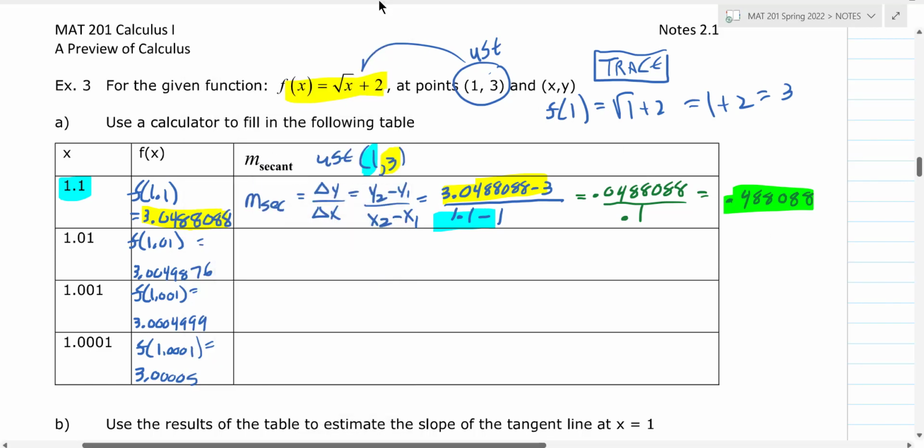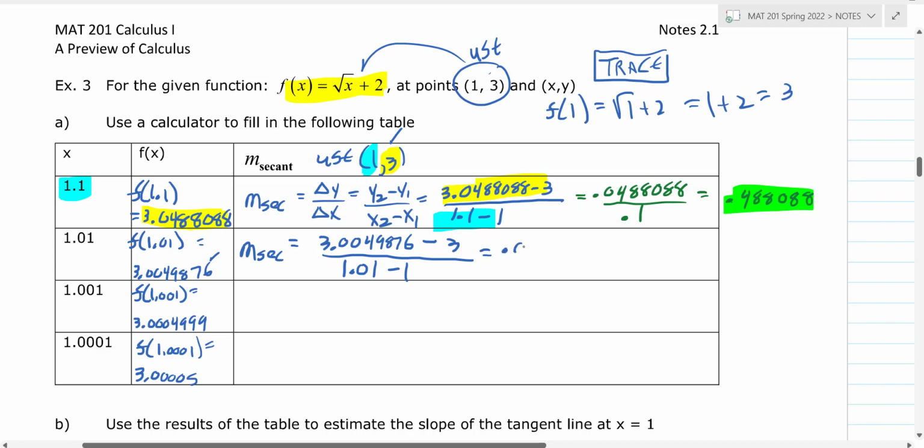And then what we're going to do is we're just going to repeat this. Okay, same thing over and over again. So slope of the secant line. The next one, we're going to take the y value, 3.0049876, minus the y value 3. Then we'll do the x's the same way. The x values are going to be 1.01 this time, minus 1.